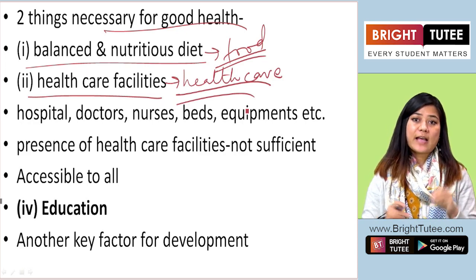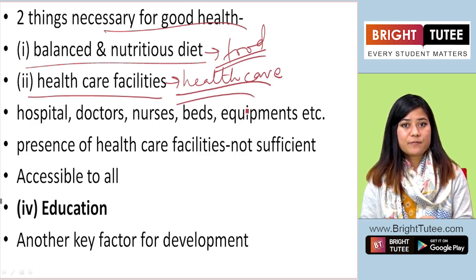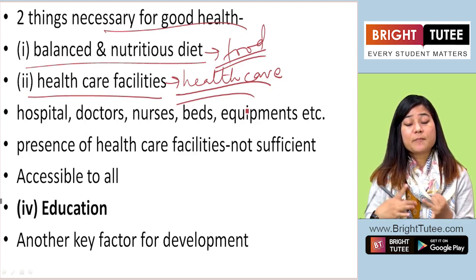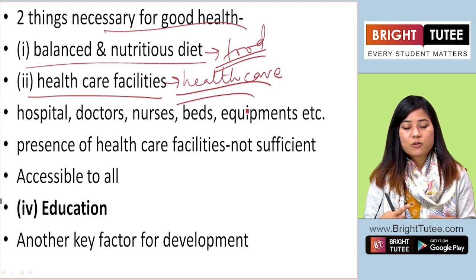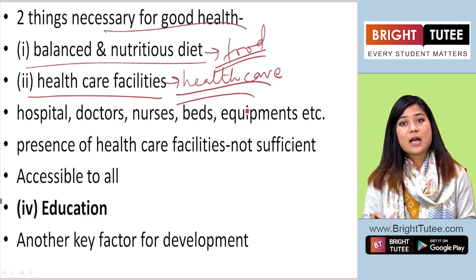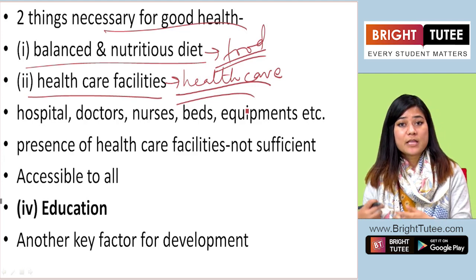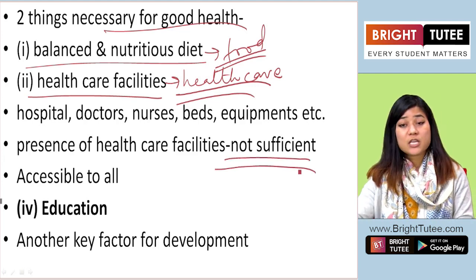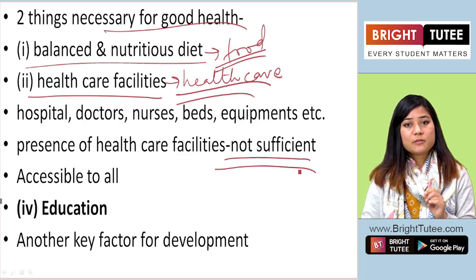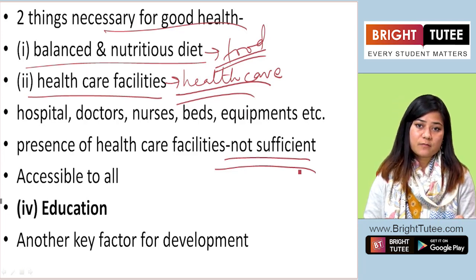Now, even if healthcare facilities are provided, say, for example, there are hospitals, medical colleges, universities, proper equipment, doctors, nurses, etc., even if they are made available, that does not mean it is sufficient for economic development. That does not mean it is enough for human development.